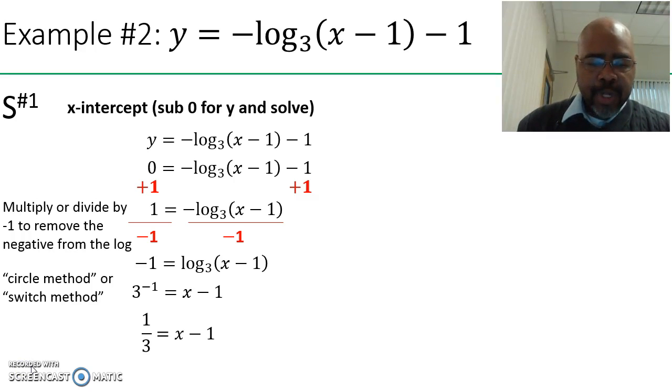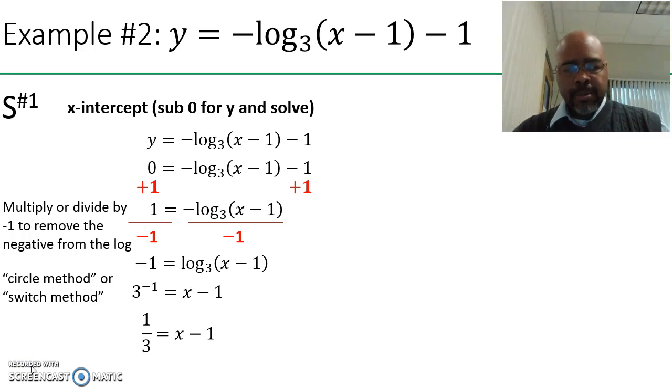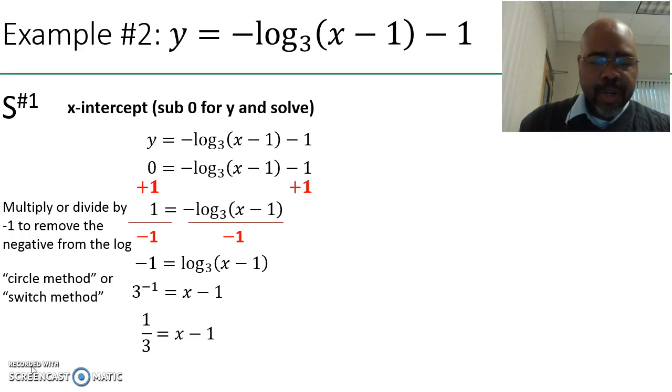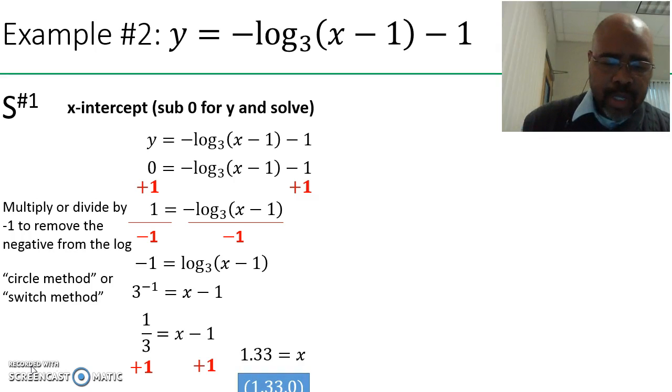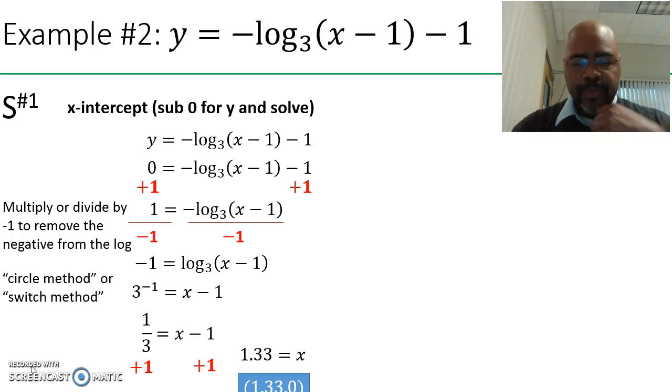A negative exponent moves my number to a fraction, so I have 1/3 equals x minus 1. If I add 1 to both sides, I have 1 1/3 or 1.33 equals x. So my x-intercept is (1.33, 0).